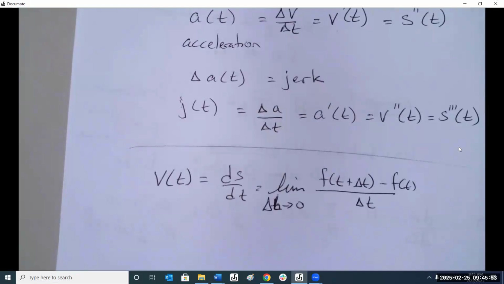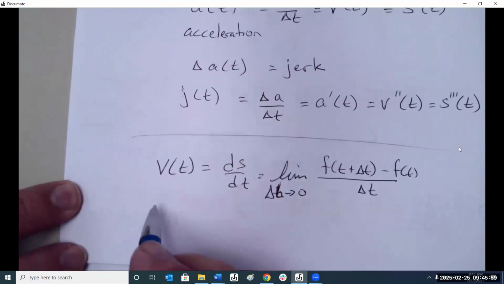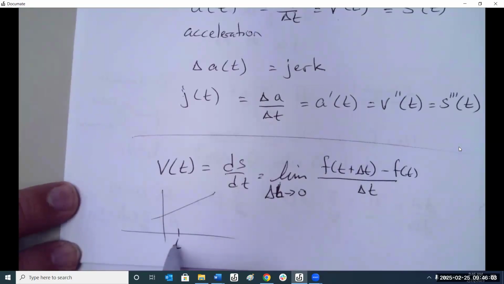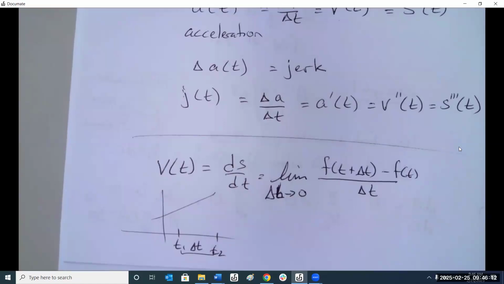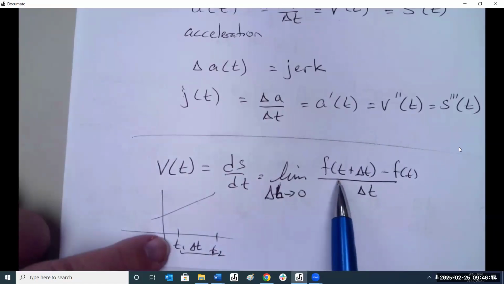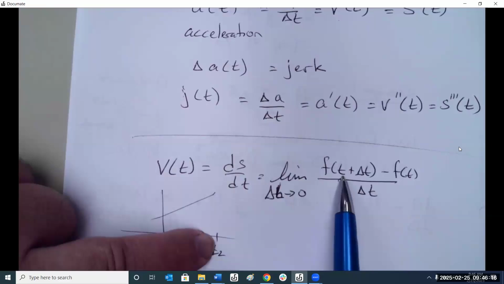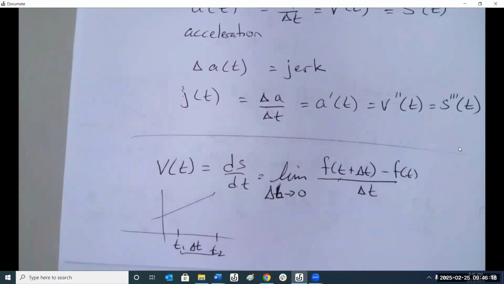Because our h is now our t. This is t1, this is t2. This distance here is delta t. So from t1, we add delta t, we get t2. That's the same way we derived our distance function.